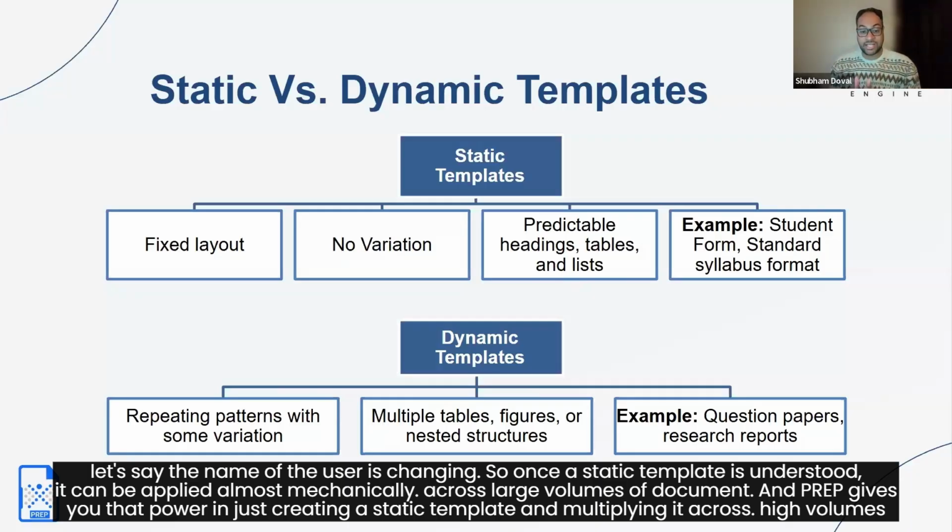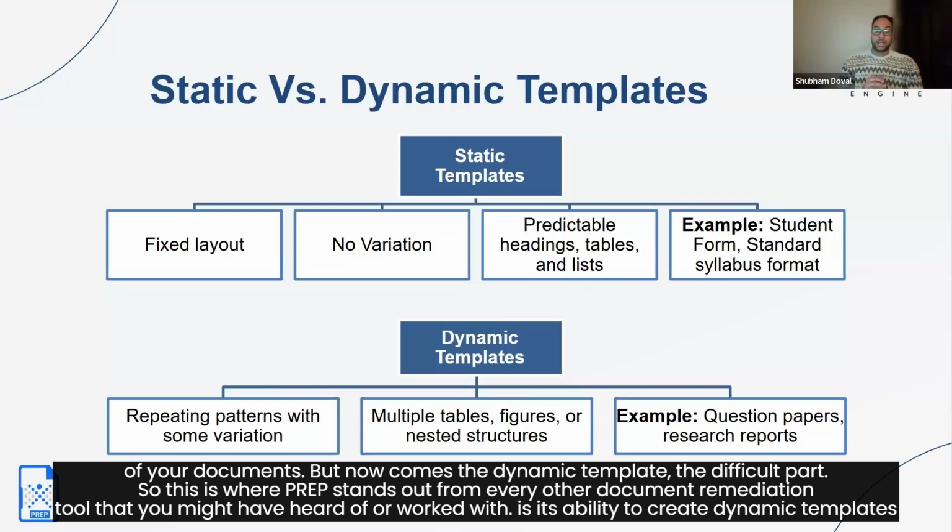Once a static template is understood, it can be applied almost mechanically across large volumes of documents. And PrEP gives you that power by creating a static template and multiplying it across high volumes of your documents. But now comes the dynamic template, the difficult part.